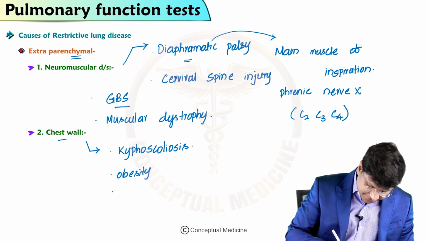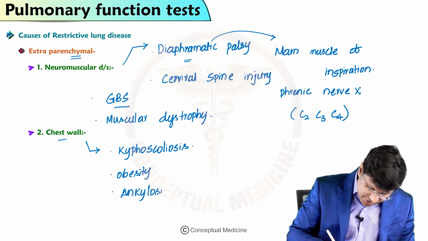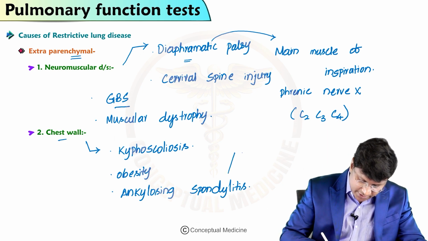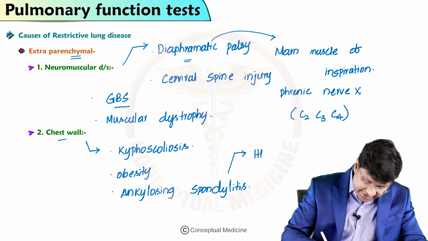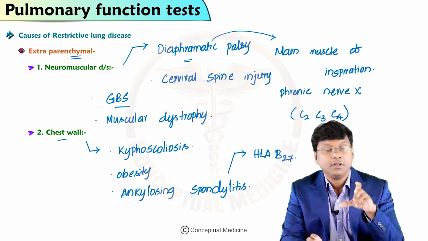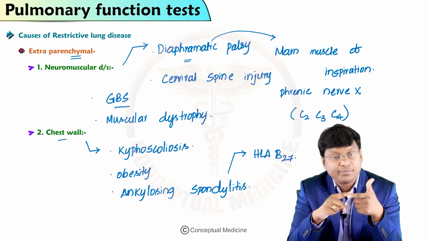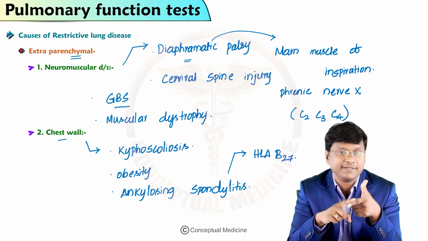Then followed by that, ankylosing spondylitis. So ankylosing spondylitis, if you see, is a disorder associated with HLA-B27, and in these individuals, the bones mainly affected are the sacroiliac joint, and another important joint affected is the spine.